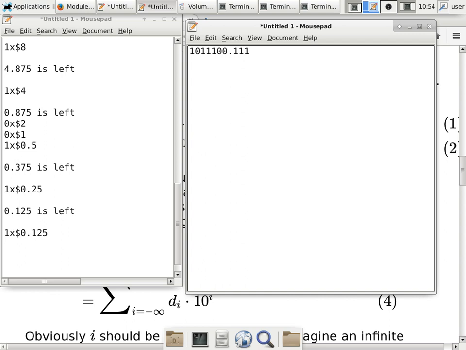That's your binary number. Not only is it a binary number, it is a binary number that has a fraction. I wouldn't call this a decimal point. I would call this a binary point, because decimal means base 10.